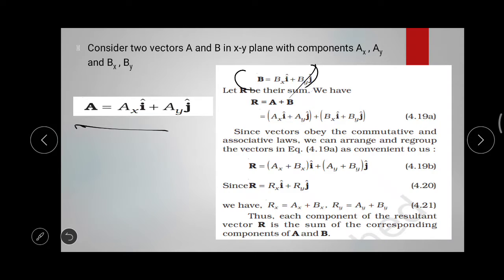Okay. So R is equal to A plus B. R is the sum of both vector A and B, where A you can write in component form, that is Ax i cap plus Ay j cap, and the vector B will be Bx i cap plus By j cap.